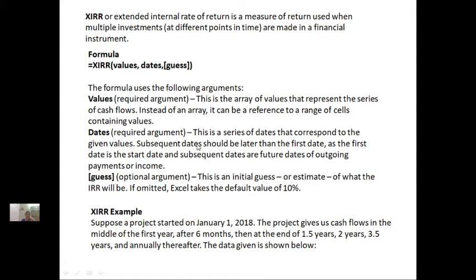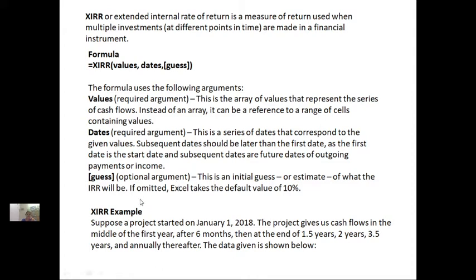Dates is a series of dates corresponding to the given values. Subsequent dates should be later than the first date, which is the start date; subsequent dates are future dates of outgoing payments or income. Next is guess, an optional argument, an initial estimate of what the IRR will be.